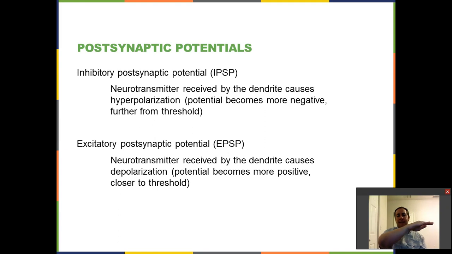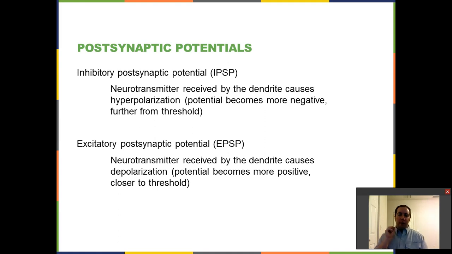If we open a different ion channel that allows negative ions in, we are going to go the wrong direction. We're going to cause that neuron to become hyperpolarized, just like when it was in that relative refractory state. That would be an inhibitory postsynaptic potential.